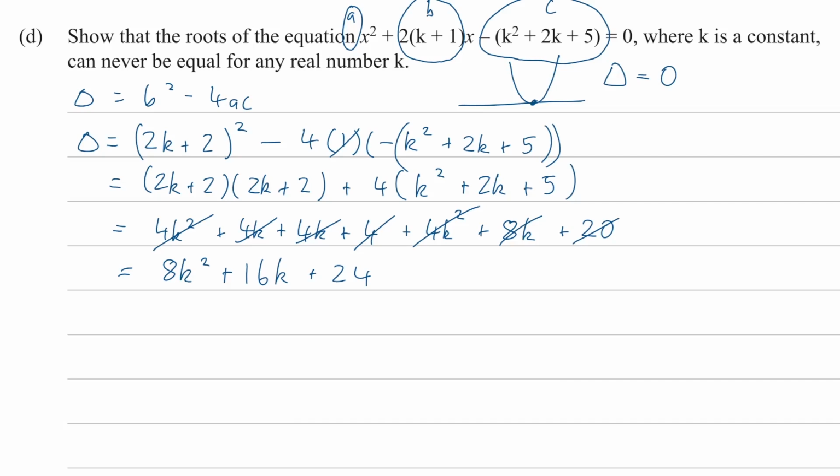Well, we said the discriminant must equal 0 for there to be two equal roots, and we're showing that that's not true, so let's set it equal to 0, and we could divide everything by 8. I see a common factor of 8. That'll just make it a bit simpler. And remember, we set the discriminant equal to 0 for there to be two identical roots.